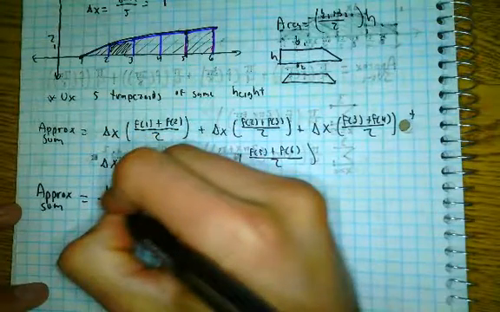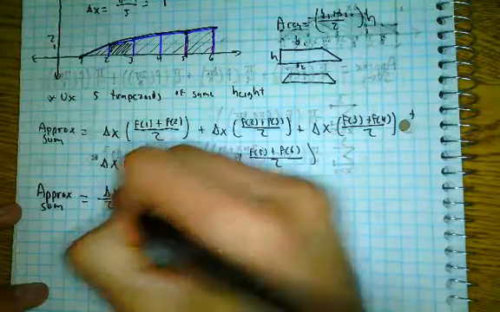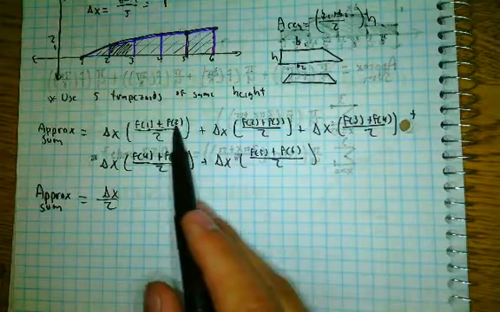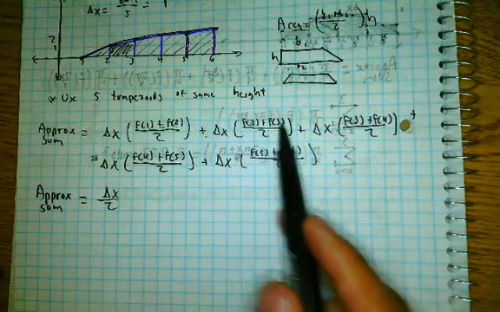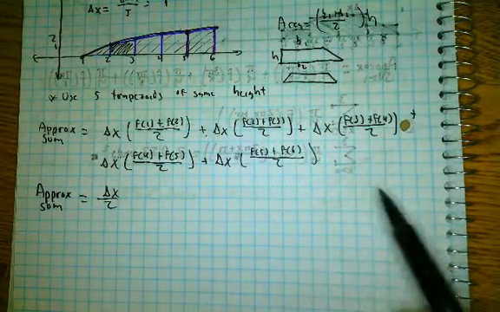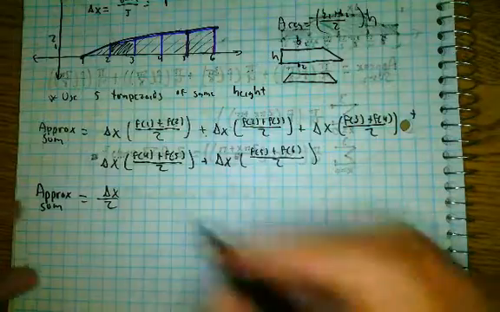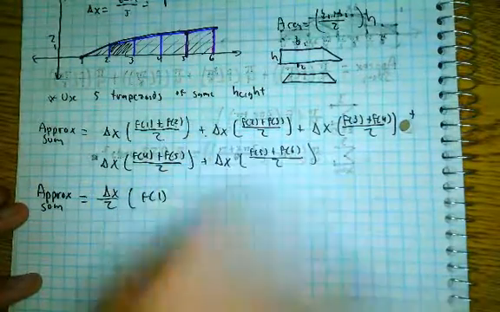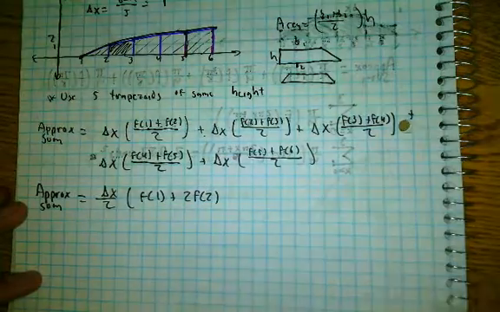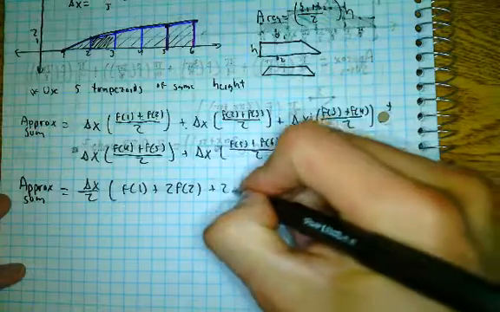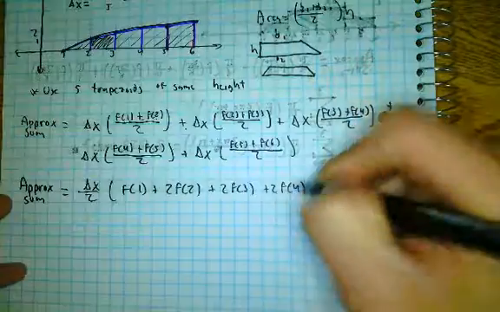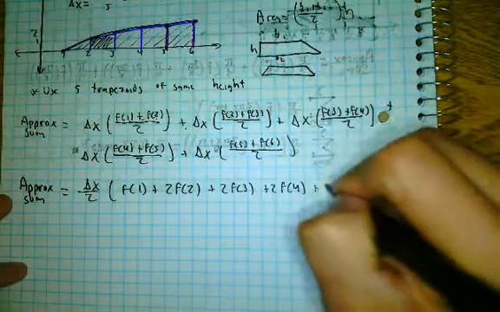So then I could say that is f of 1 plus 2f of 2 plus 2f of 3 plus 2f of 4 plus 2f of 5 plus f of 6. You guys with me?